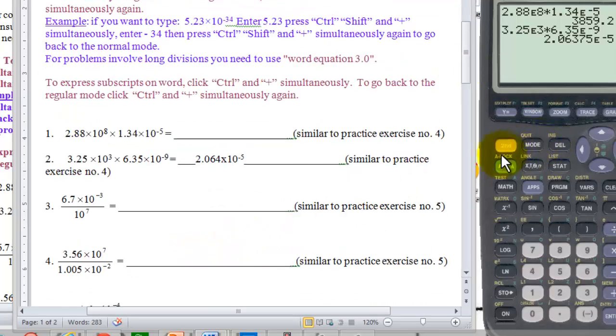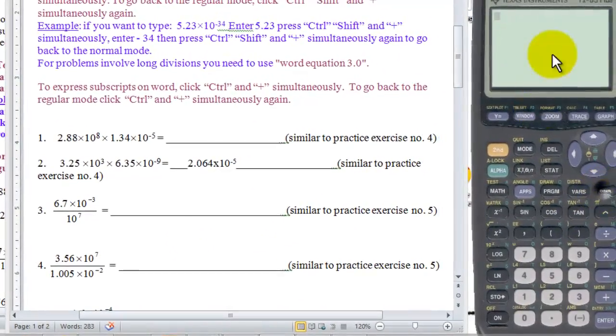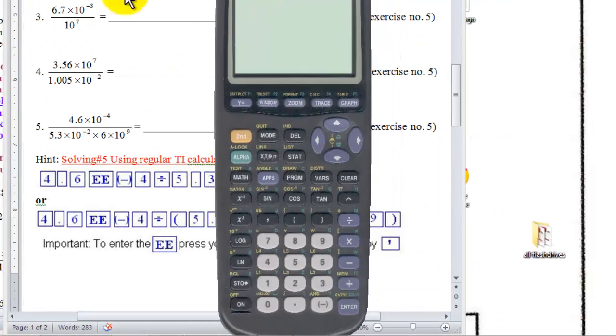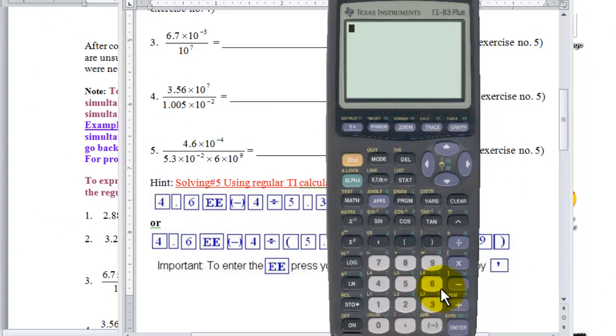Okay, now let's look at question number 3. In question number 3 we have 6.7 times 10 to the -3, so we'll go 6.7, second e -3. Remember, e replaces times 10 to the power, so one press replaces 4 presses.